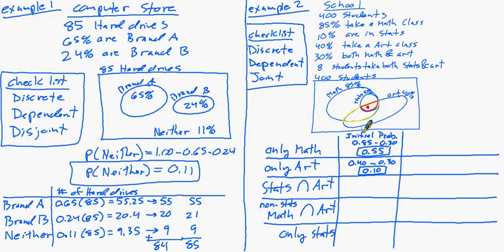So we had to subtract this intersection part. So I got the 55, and here 10% for only art. Now for the stats and art, this is kind of interesting. This is where we have 8 students. We're not given probability at all, so we actually have to calculate the probability. So that's 8 students out of how many? Well, 400. And this turns out to be 2%.